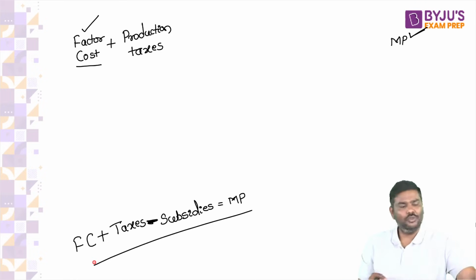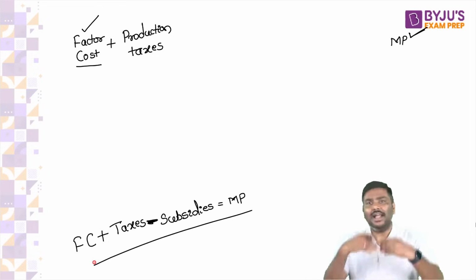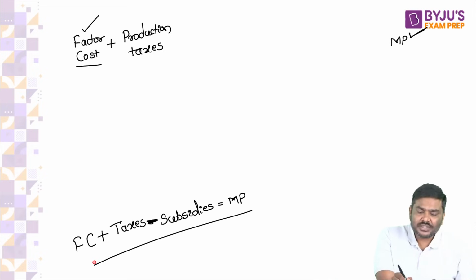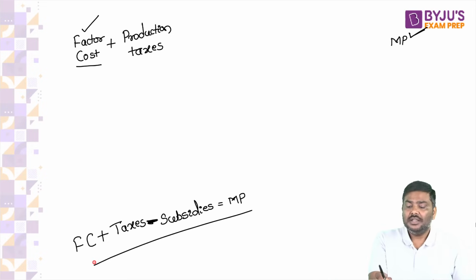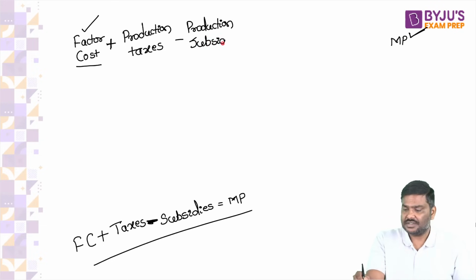Listen now. Those who have been asking how taxes and subsidies are accounted, I'll tell you now. Factor cost plus production taxes minus production subsidies. They will refer to this as the basic price.